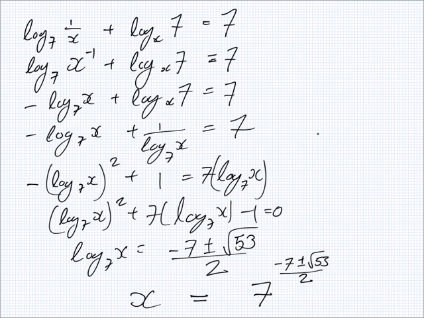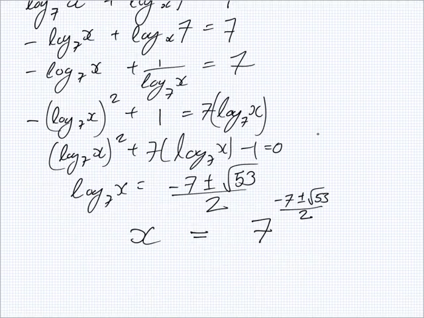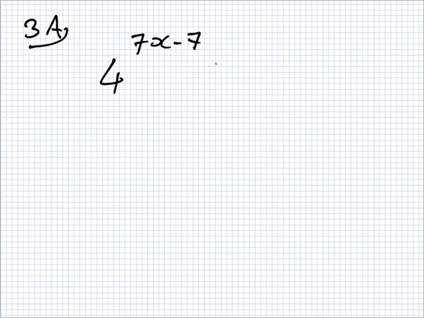Okay, we're going to do 3A next. Can I scroll down? Yeah. 3A. 4 power 7x minus 7 equals 7 power minus 3x minus 6.